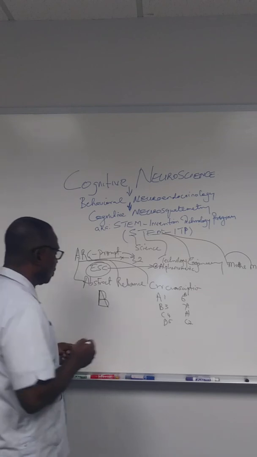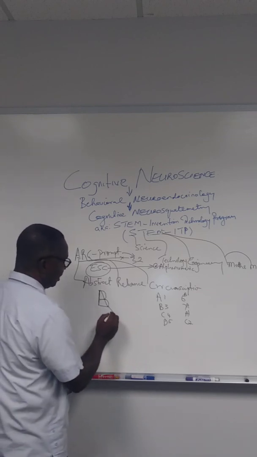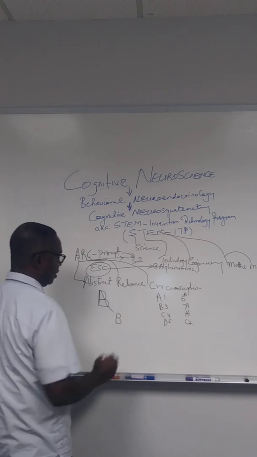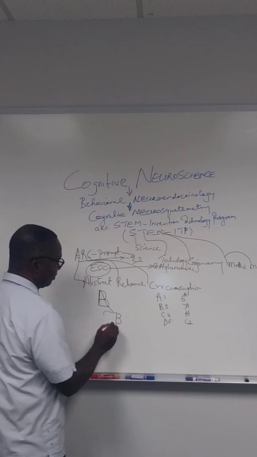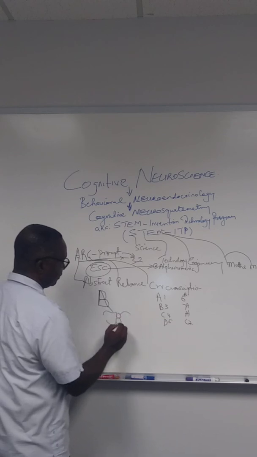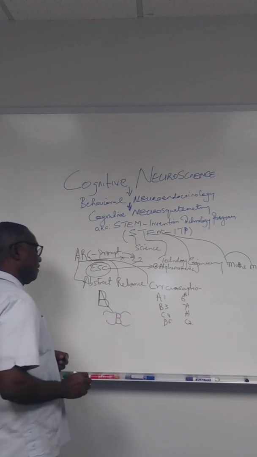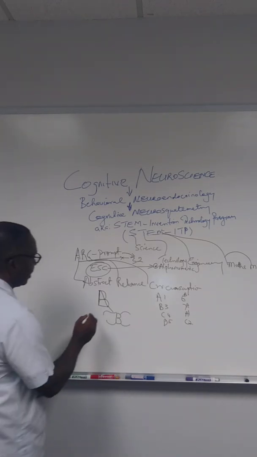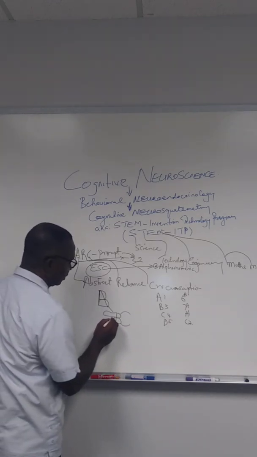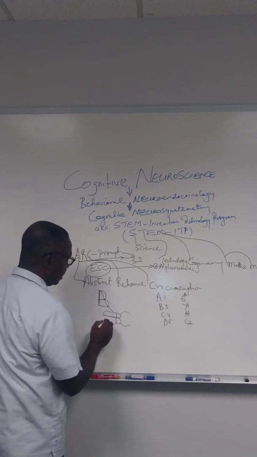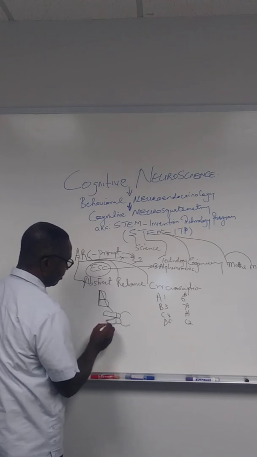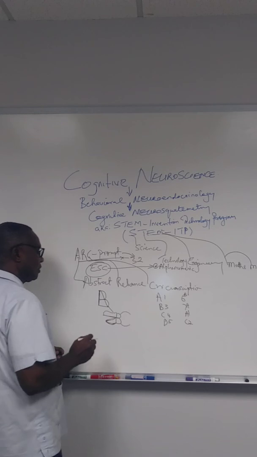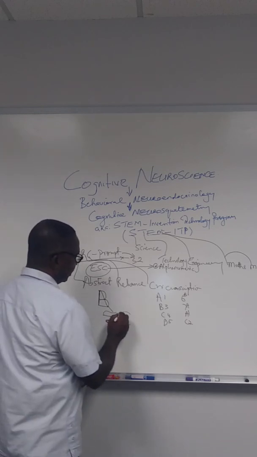So first, let me now put this B this way. Now, I can do something like this. Look at it. And then when I put this one this way, and this one this way, I can now make it like this.